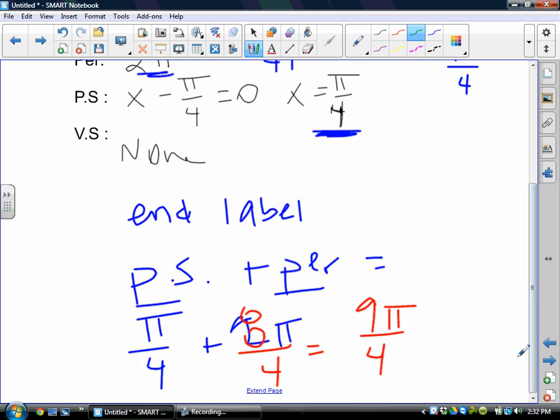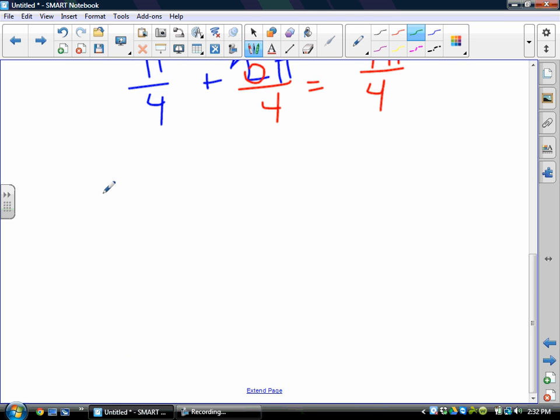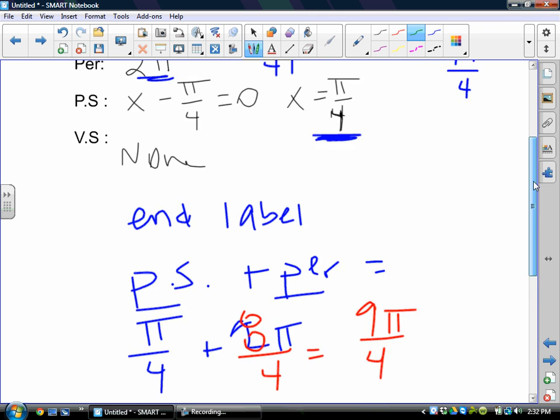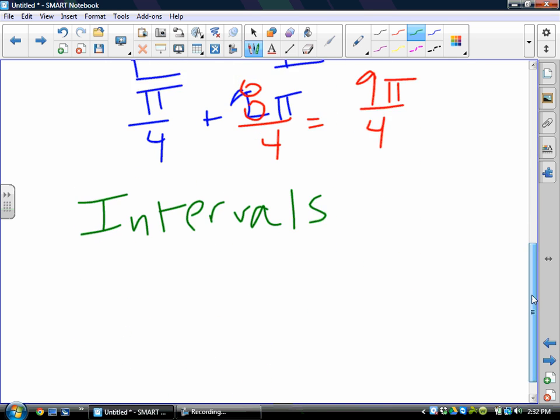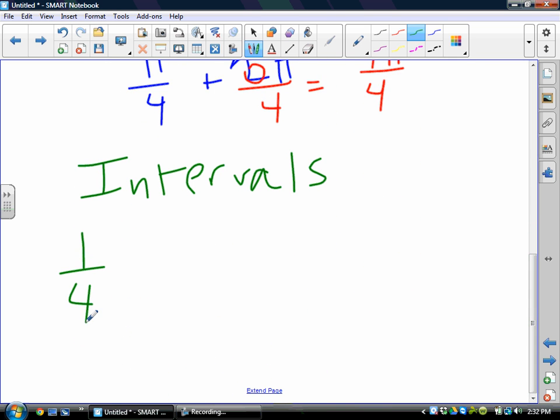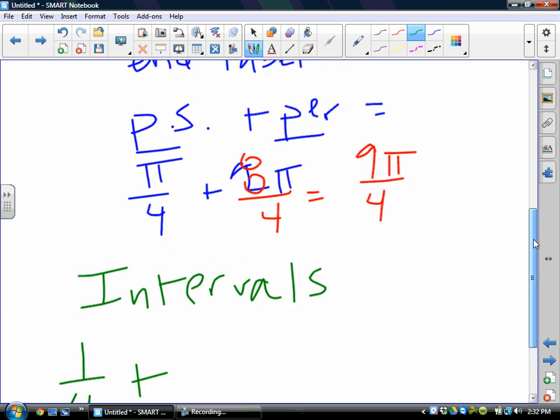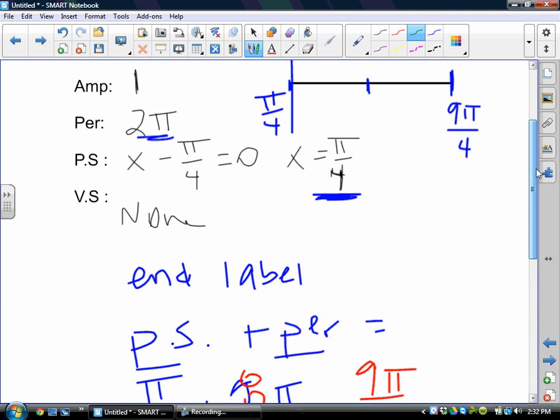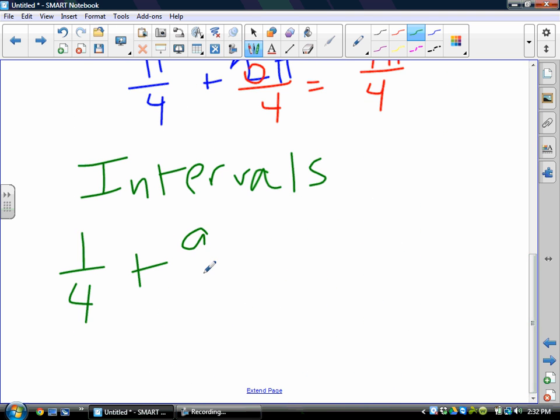So here's what I'm going to do. I'm going to draw that down here. To find the intervals, I'm going to take the first thing, which was pi over 4, and we're going to leave the pi's out of it, so that's really like 1/4, plus the end, which is 9/4. We're going to forget about the pi and deal with it later. Adding those together gives 10/4.